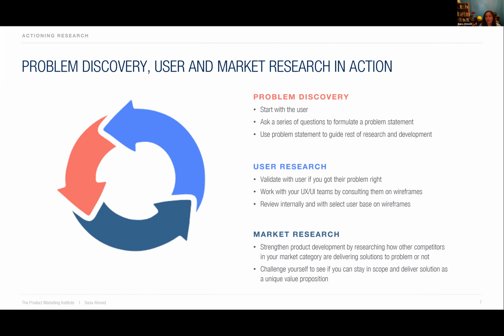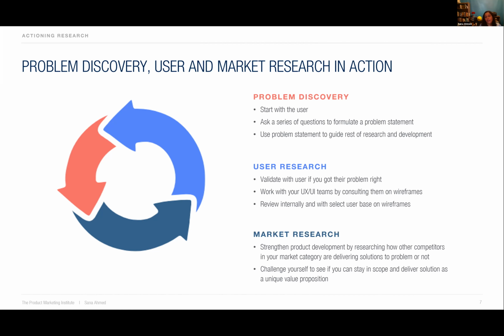So you start with, as we talked about, number one, the problem discovery. You're starting with the user. As a recap, you're asking a series of questions to formulate the problem statement, and I'll get into details on that in the following slide. Then you use the problem statement to guide the rest of your research and development, which looks like user research and market research.